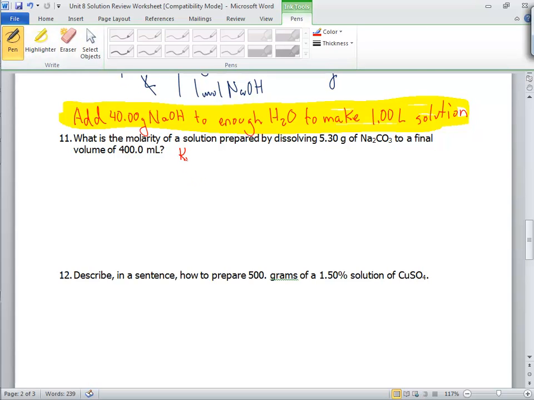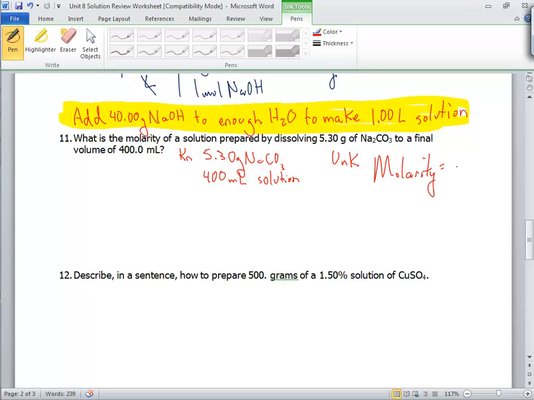So the thing we know here is that we're putting 5.30 grams of sodium carbonate into 400 milliliters of solution. And all we have to figure out is the molarity. Don't forget to write the formula for molarity.